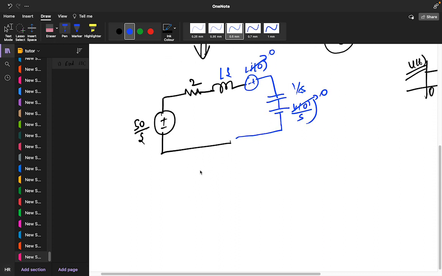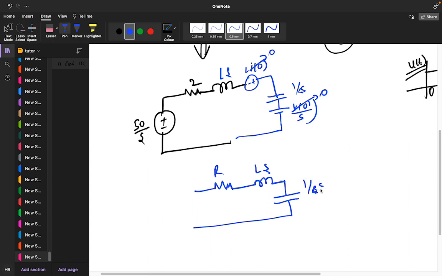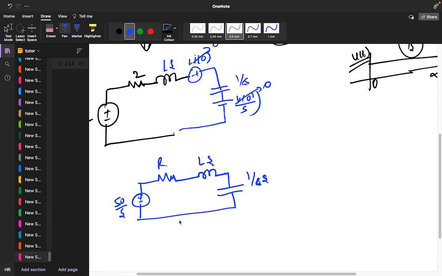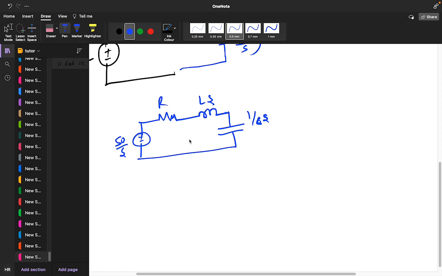So your circuit will be simple like this: Ls, R and 1 by Cs, and the source 50 by s. Now you need to find I of s.